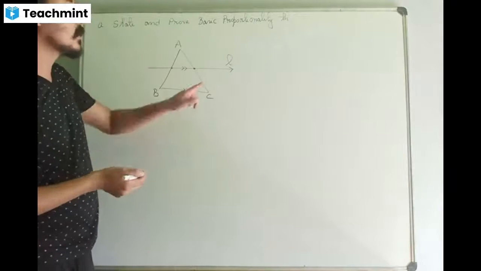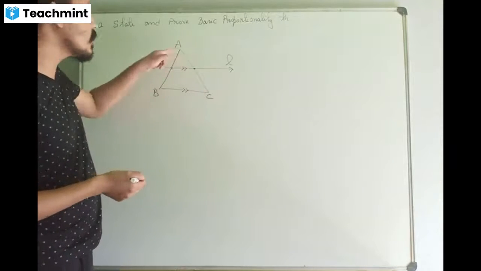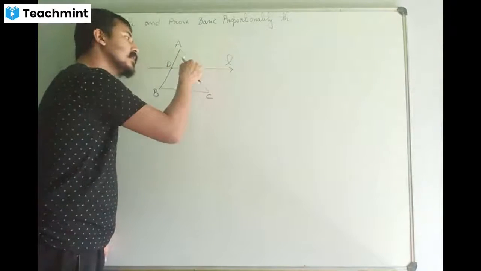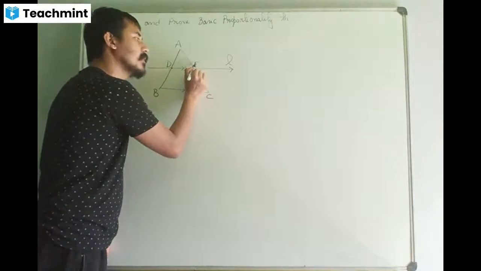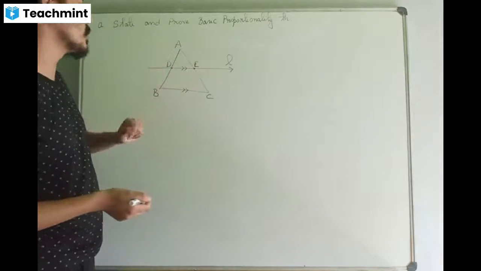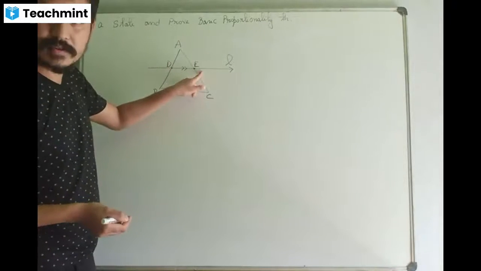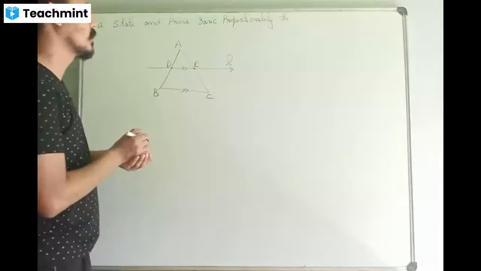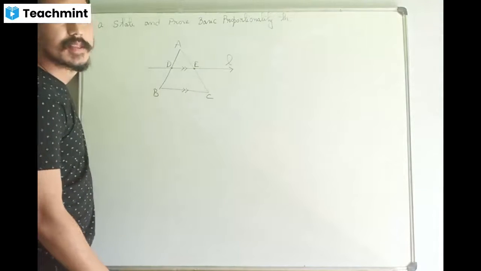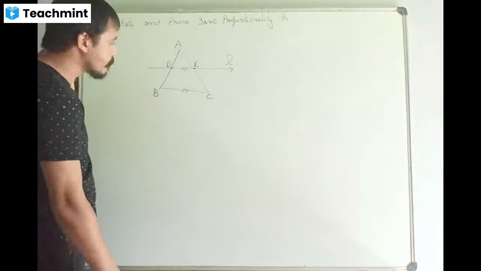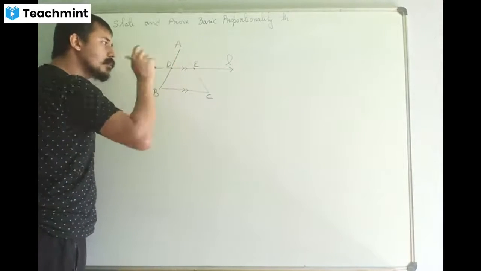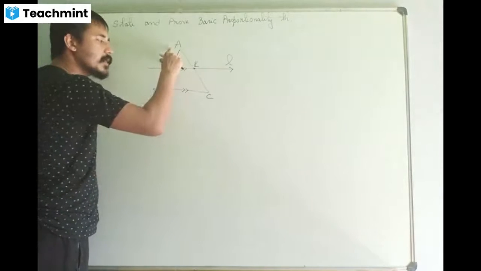See, this line L is meeting AB at D. This line L is meeting AC at E. In that case, these sides AB and AC will be divided in the same ratio, meaning the line L has divided AB into two parts, that is AD and BD.